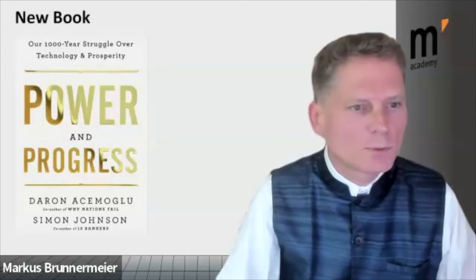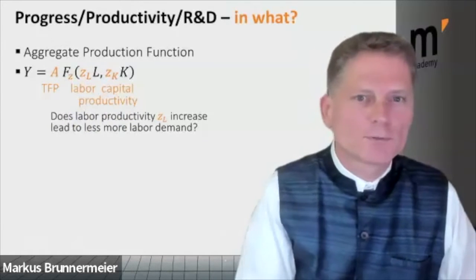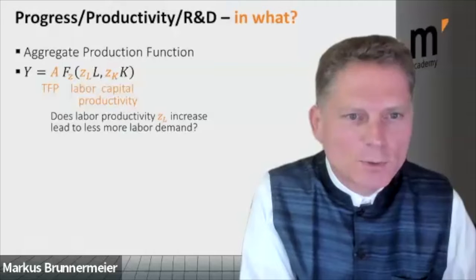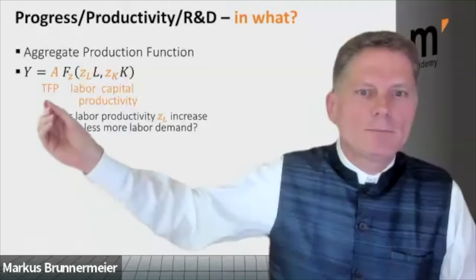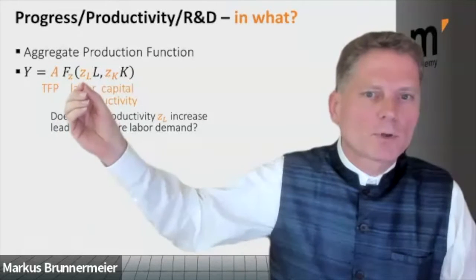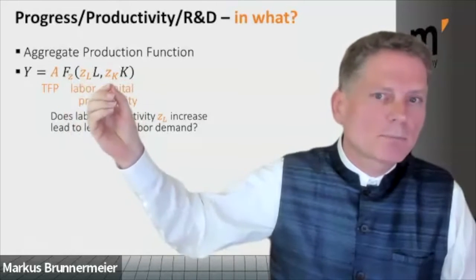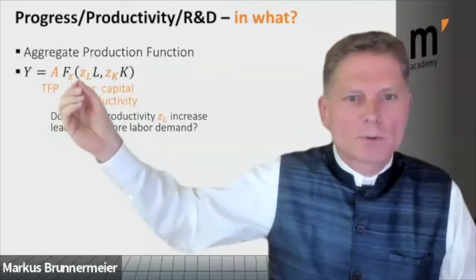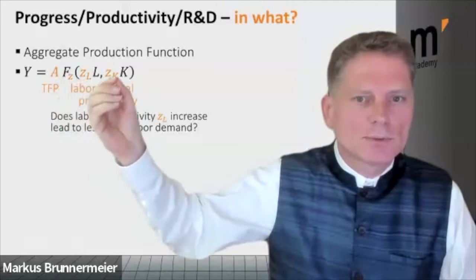I think the main idea is that progress is technological advancement, and the question is, where is the technological advancement coming from? What I will do is look at a simple production function and see whether it can be TFP productivity, labor productivity, or capital productivity, or the interaction between the two.